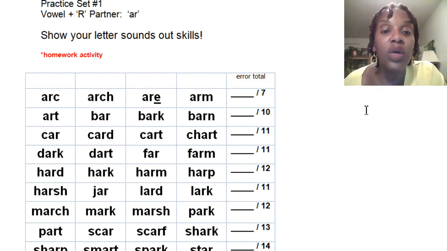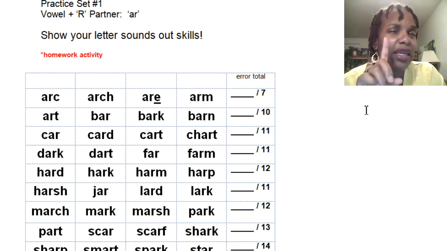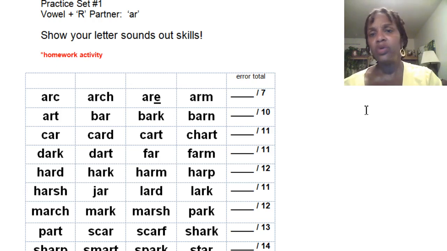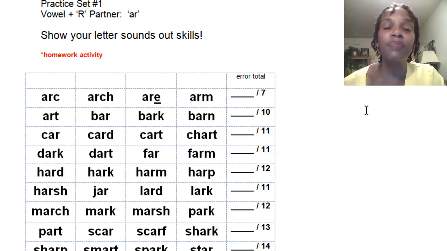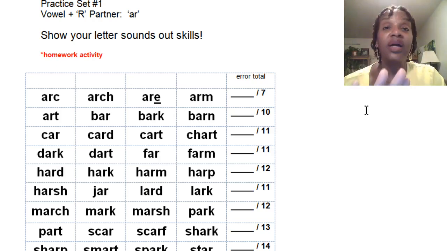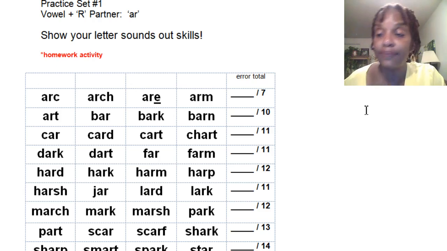For my levels 1 students, I recommend, that means I think you should only do no more than 2 or 3 lines per class or in one setting. But if you're feeling kind of frisky and you know this, you can do as much as you want. But for my levels 2 and 3, I want you to do the whole page. And for all you guys, remember to use each word in a sentence. Okay? Good job.